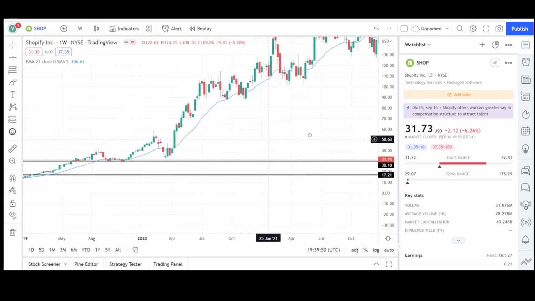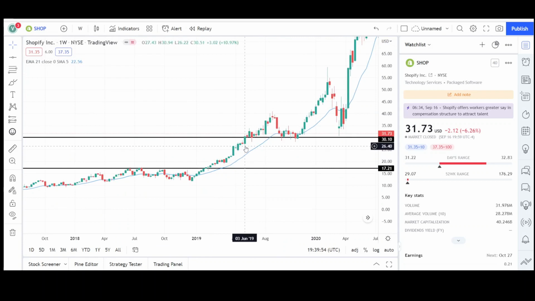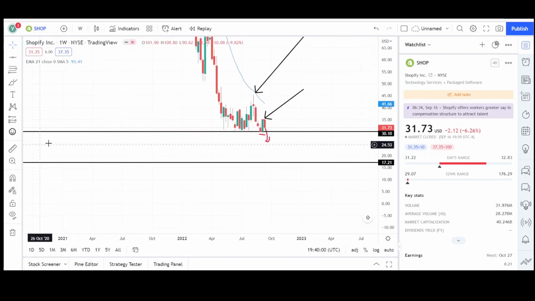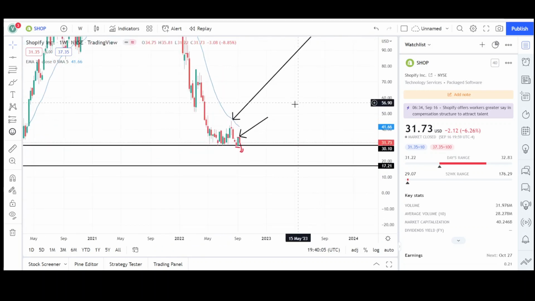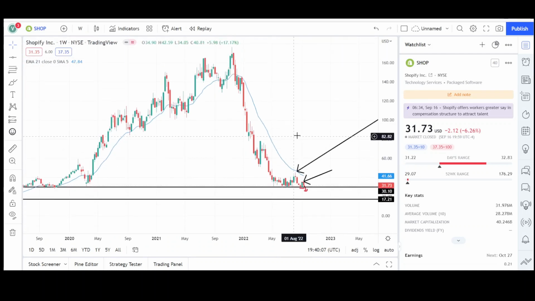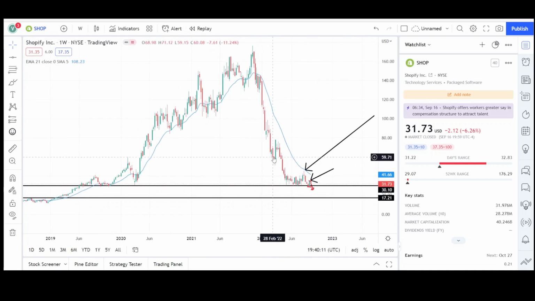And anything between these two levels are skeptical, because it's just really not any strong support in these levels. It's just an impulse up. So we could easily just break down. So I'm expecting lower prices. I don't think we have bottom on this stock, and I'll give you guys an update if anything drastically changes. But as right now, I'm still sticking to those lower price targets.